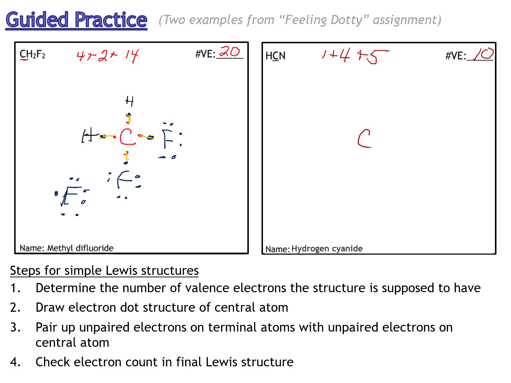So I'm going to put carbon in the middle. And say, all right, well, I'm going to put my hydrogen off here because I know it's just going to get attached. And as soon as I make a bond, hydrogen is done. Now nitrogen, it has 1 lone pair and it has 3 unpaired electrons.